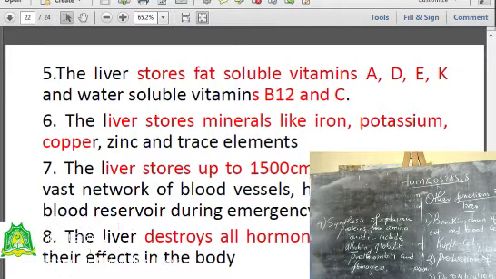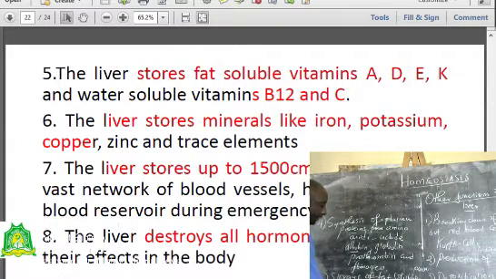Storage, so we have storage of fat soluble vitamins. What are these fats?